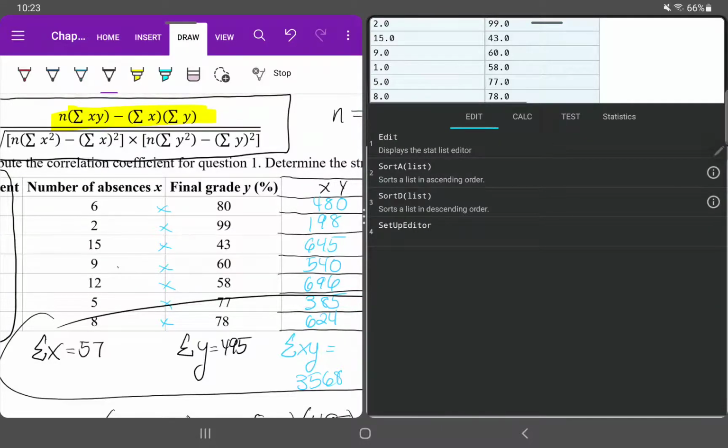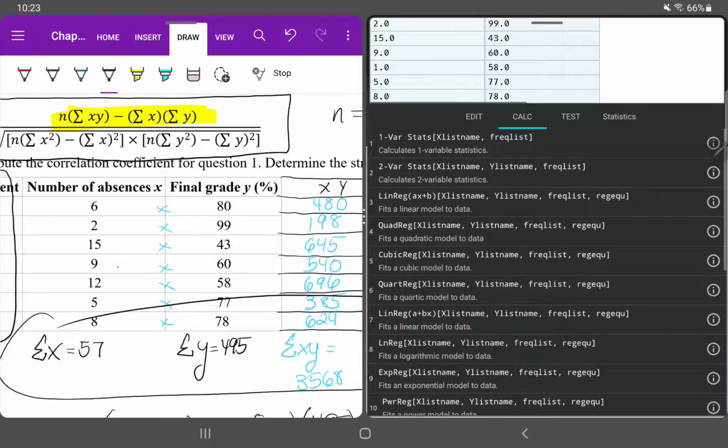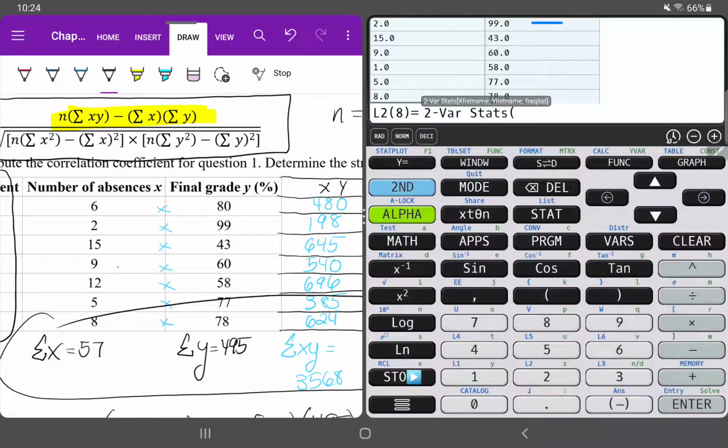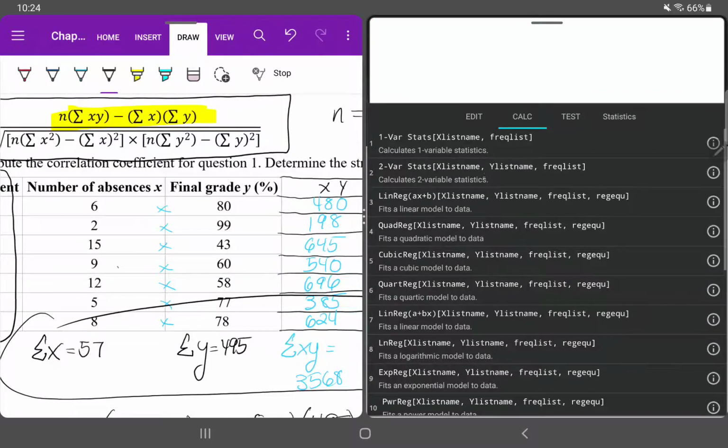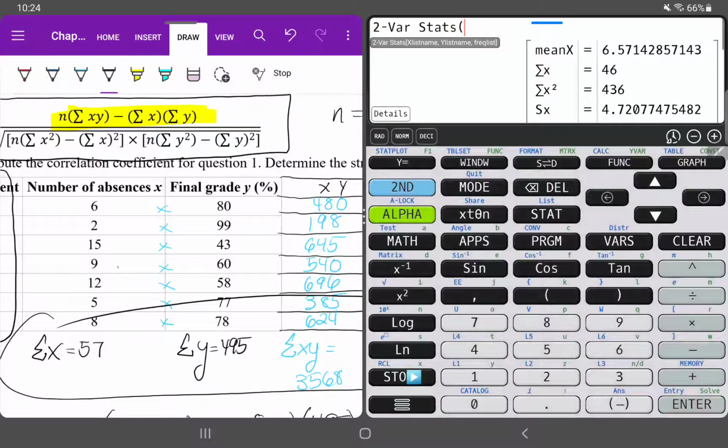When you go back to stats, I want you guys to go to calc. And if you notice, these are 2 variables. So I want you guys to go to 2 variable stats. Matter of fact, let's start from the beginning. Stats. Let's do 2 variable statistics.